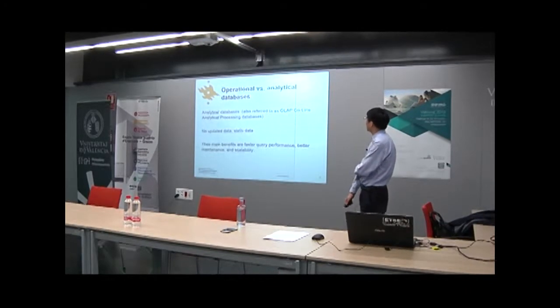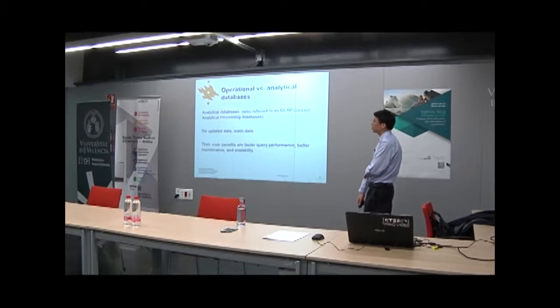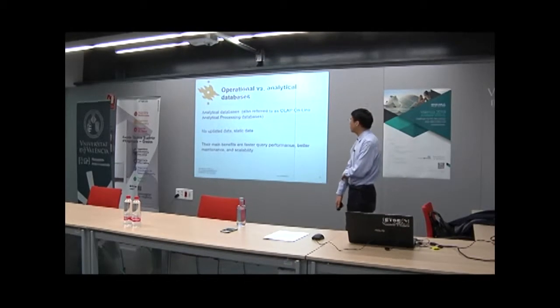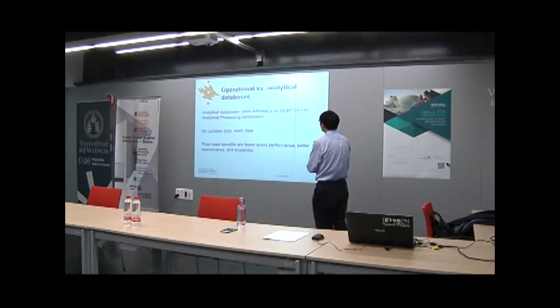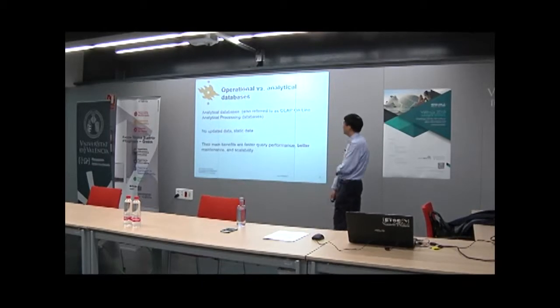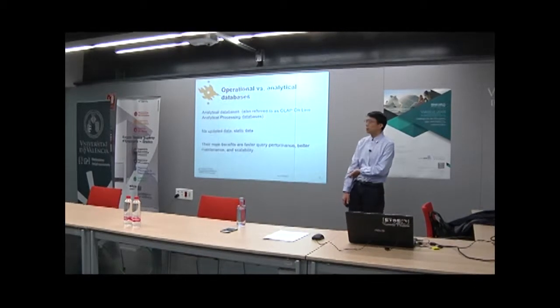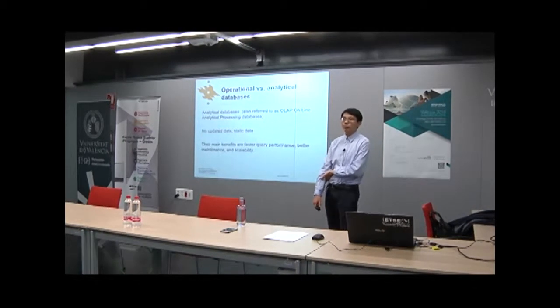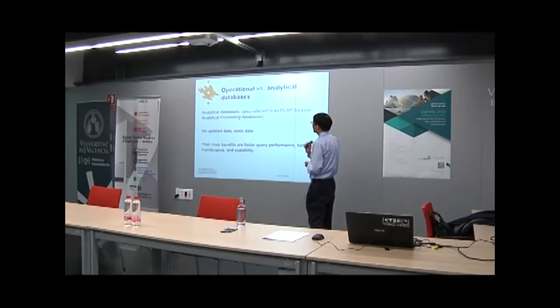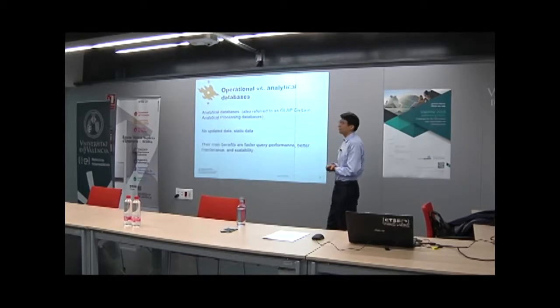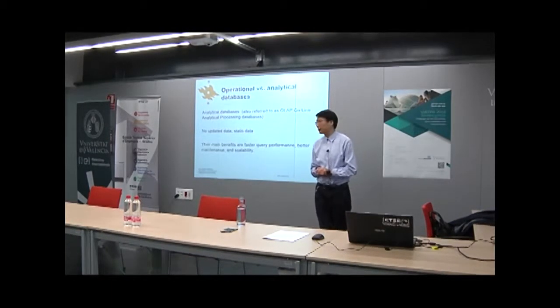Yeah, so the second definition is about analytical database. Analytical database is referred to as OLAP, meaning online analytical processing database. So this kind of database cannot support transactions, but its main purpose is to analyze data.